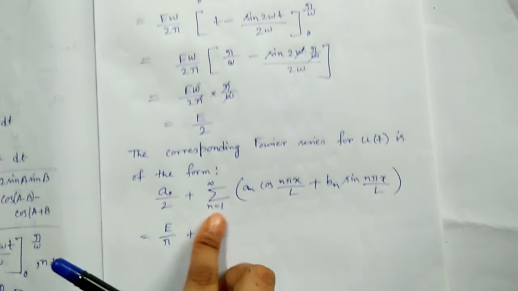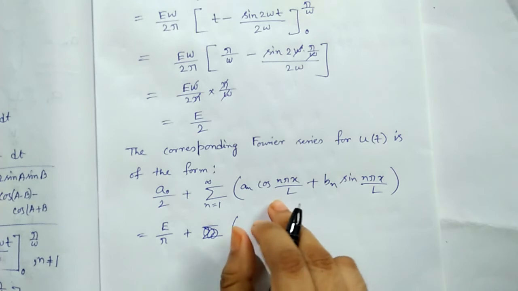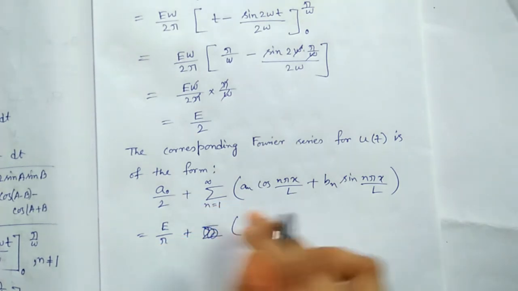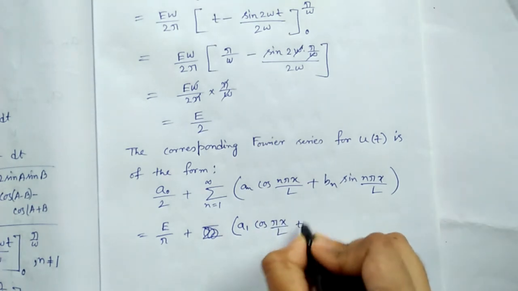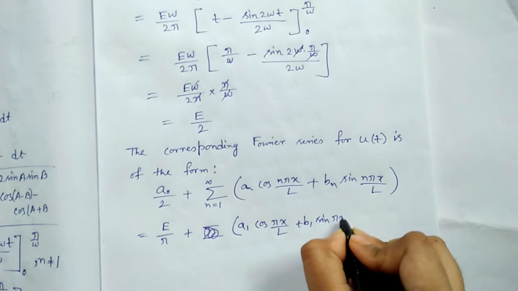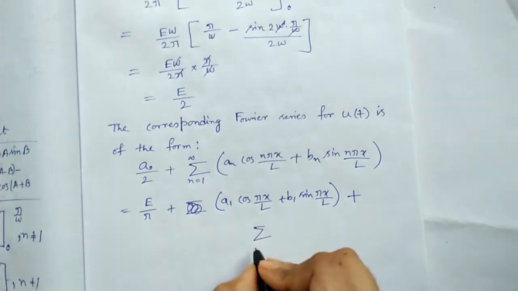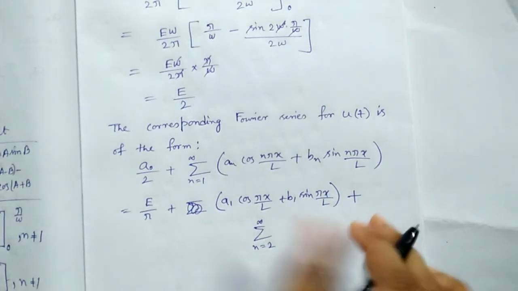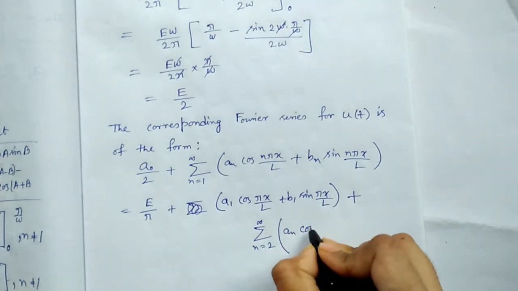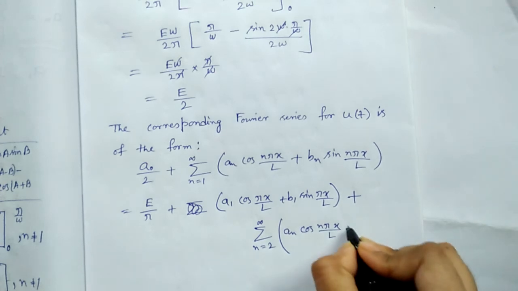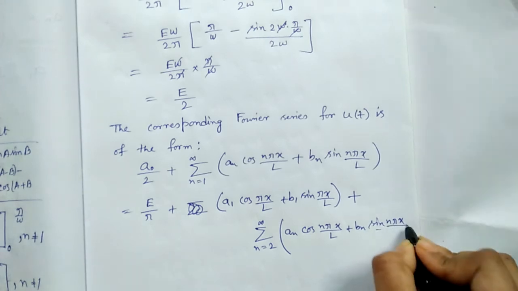Now I just separate the sum, that is, first we write the n equal to 1 term, that is a1 cos pi x by L plus b1 sin pi x by L, and then sum up the remaining terms, that is n equal to 2 to infinity. Just separate the n equal to 1 term. So we get an cos n pi x by L plus bn sin n pi x by L.